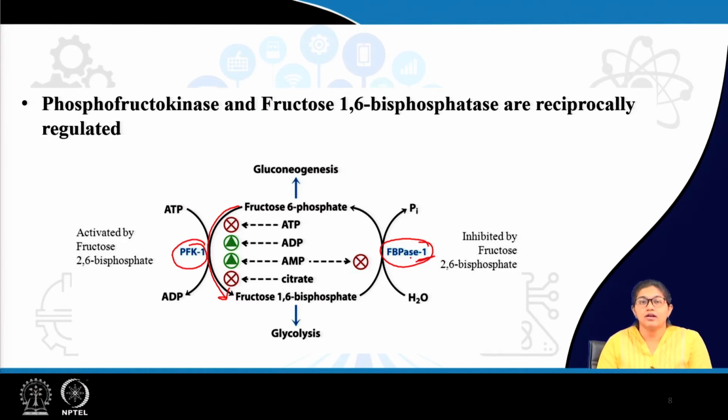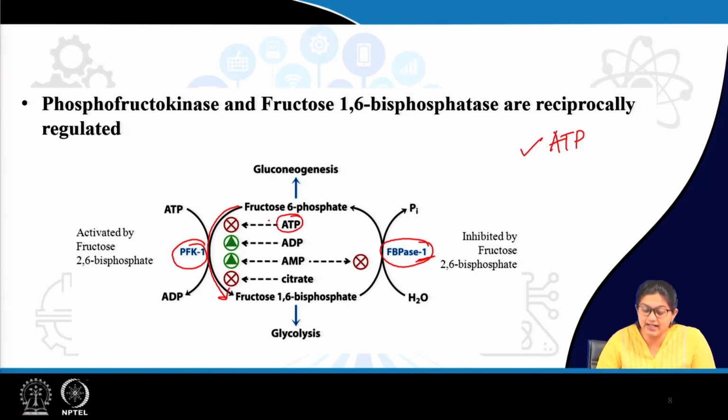Now, again these two enzymes are regulated by signaling molecules like ATP, ADP, AMP. Once again, when there is excess energy as signaled by the presence of more ATP, glycolysis is not required. So, phosphofructokinase 1 is inhibited.